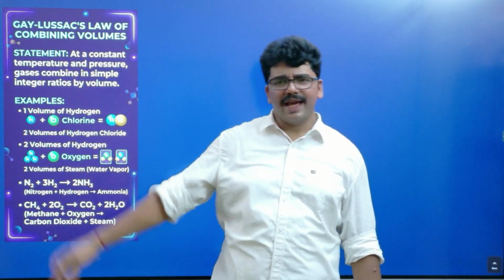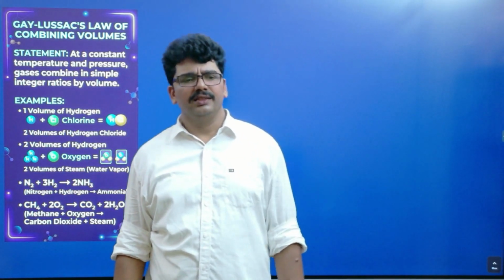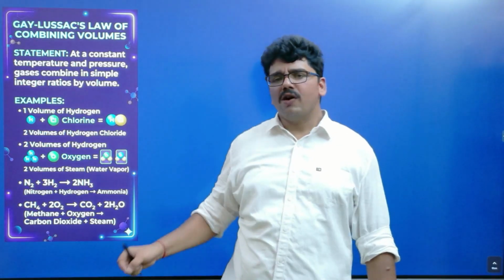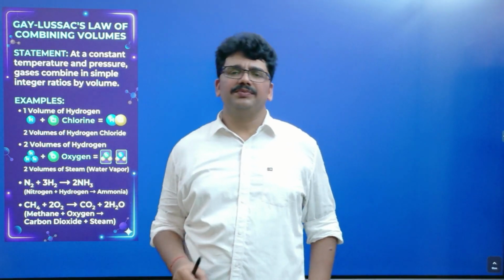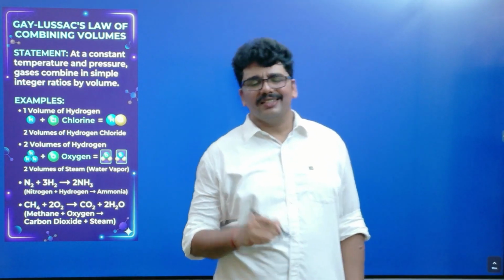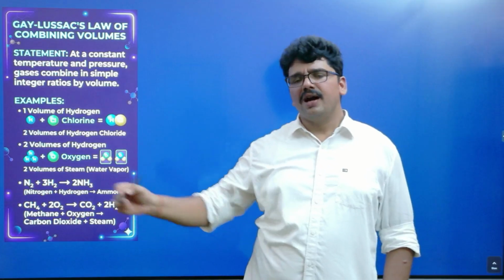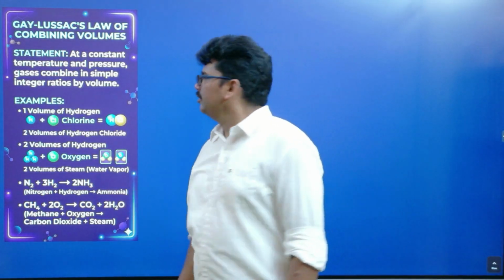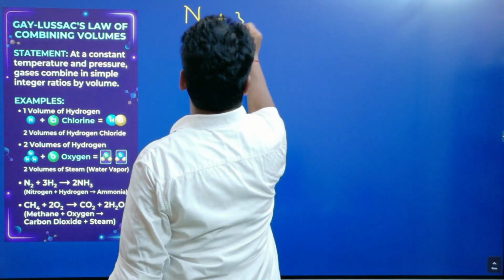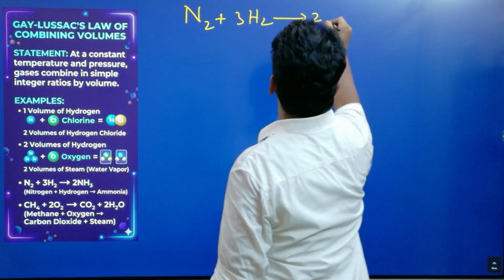Suppose the product is not a gas and only the reactants are gases, then you can take the reactant volumes. For example, N2 plus 3H2 gives rise to 2NH3.